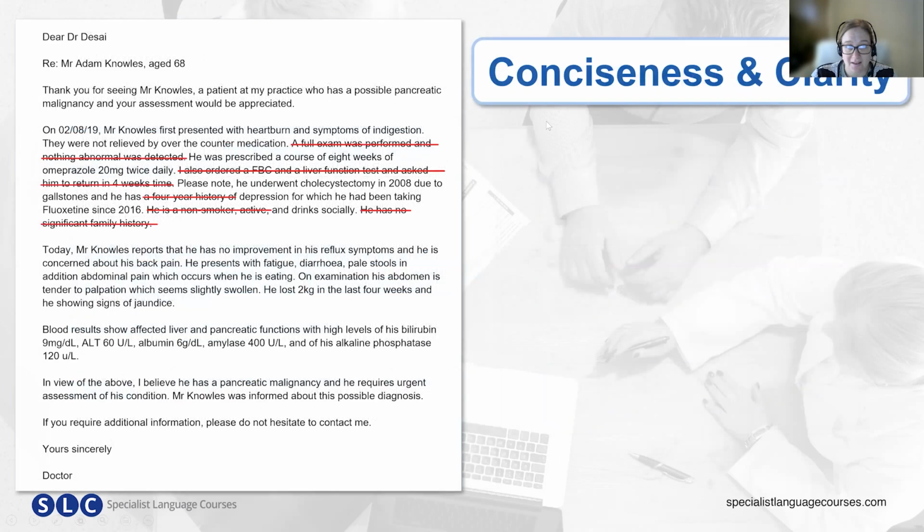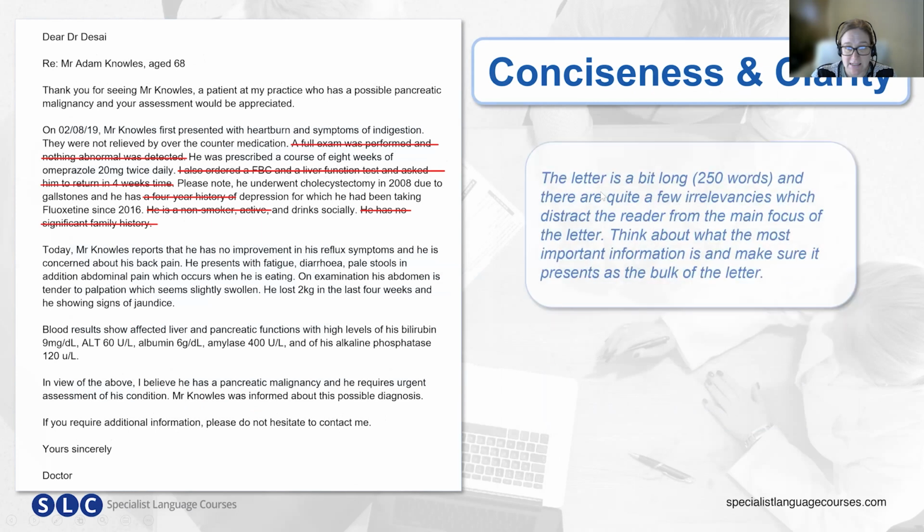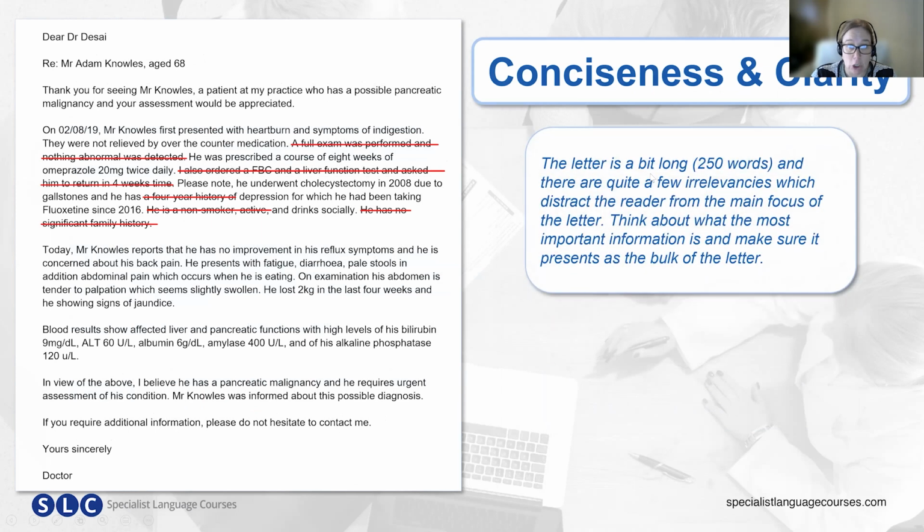Okay, let's look at conciseness and clarity. It's a bit long. So this letter is 250 words, and there's quite a few irrelevancies which distract the reader from the main focus of the letter. So see here, I've crossed out some phrases that just aren't needed. They're a little bit distracting.